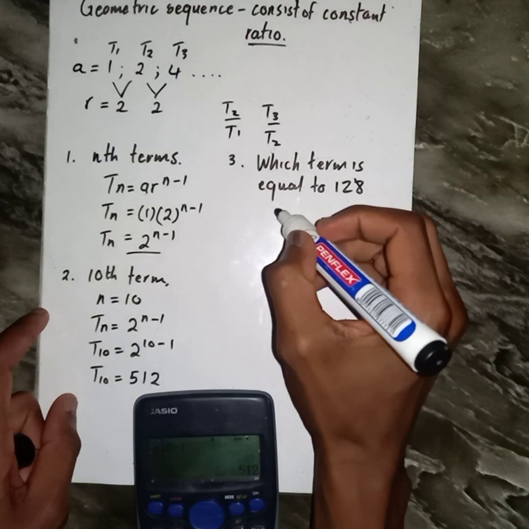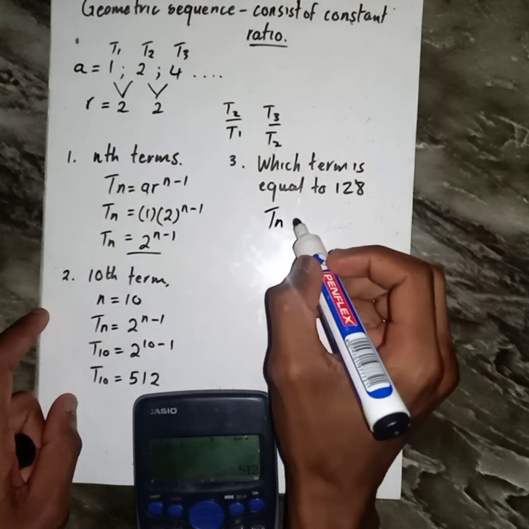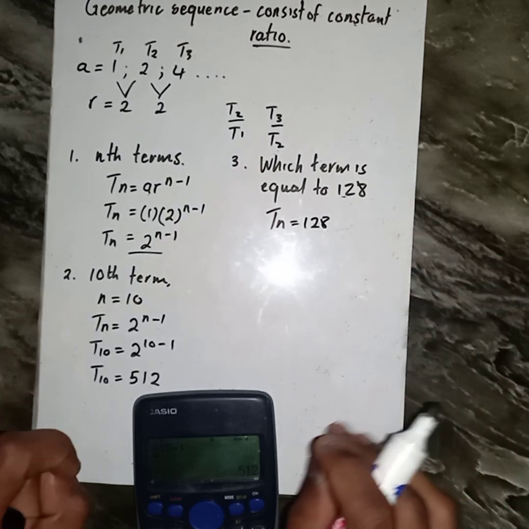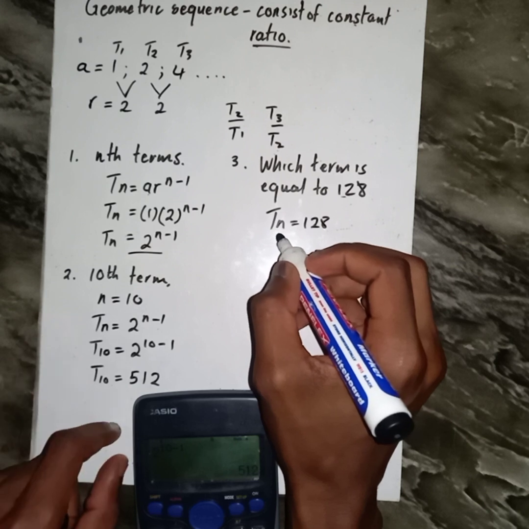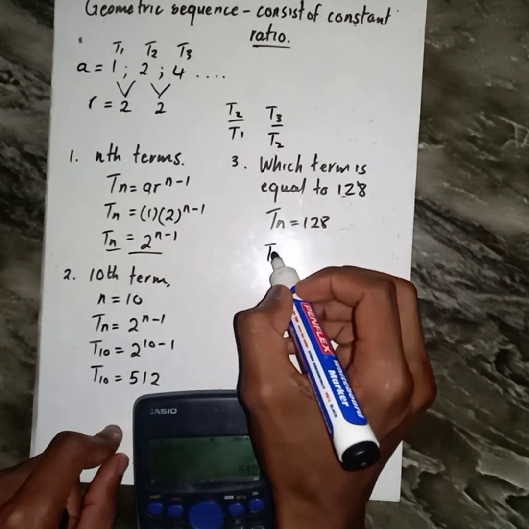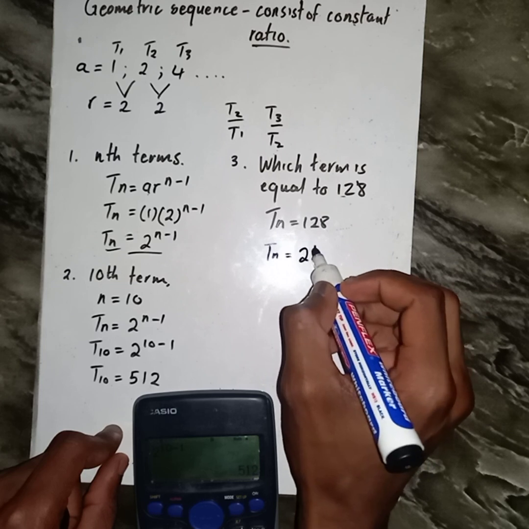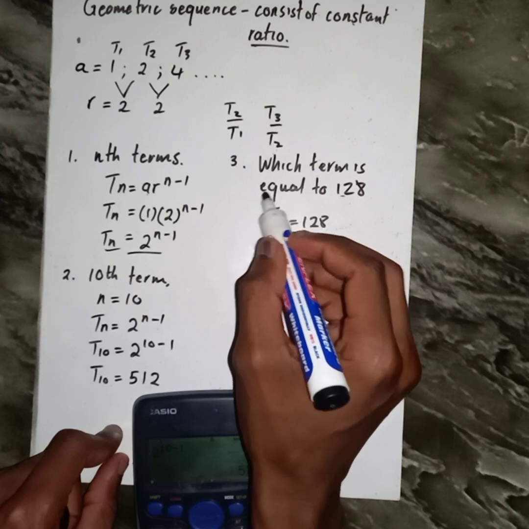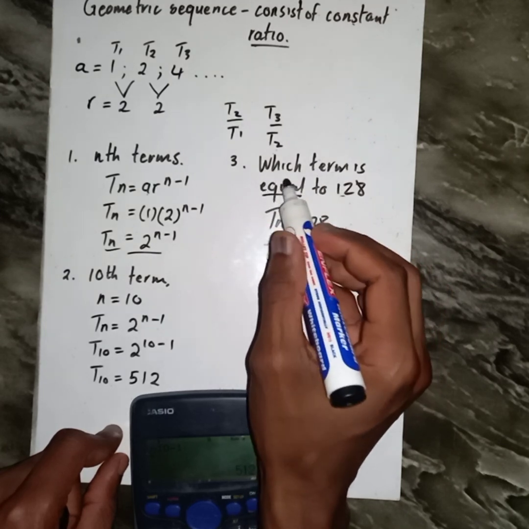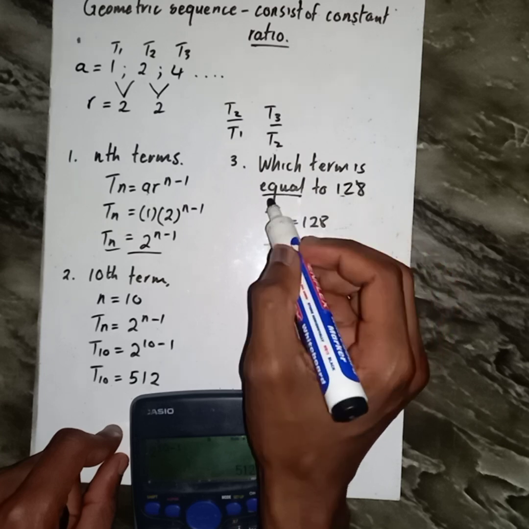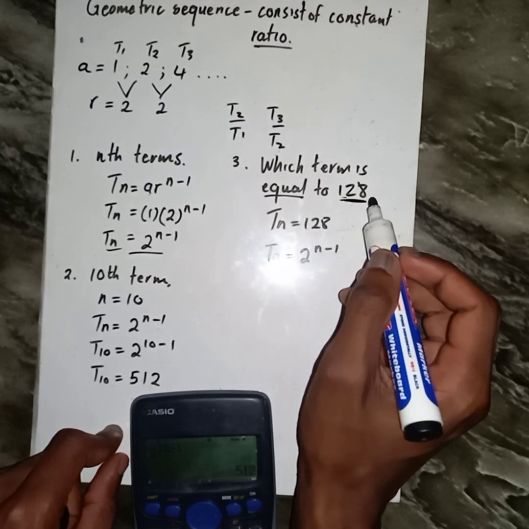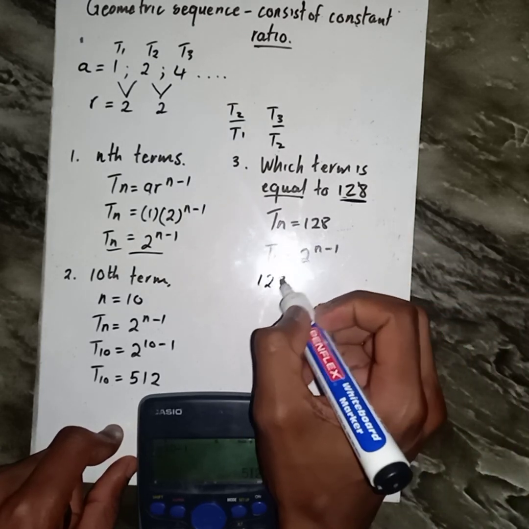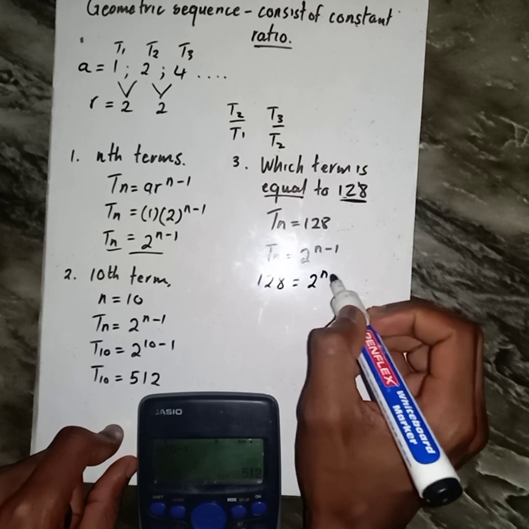You just need to say where you see Tn, we are going to substitute this value of 128. Now let us solve. We have this equation, Tn equals 2 to the power n minus 1. Whenever you come across a sentence which states that a term is equal to a number, substitute it where you see Tn. Then we're going to have 128 equals 2 to the power n minus 1.